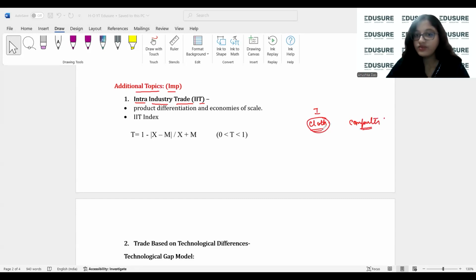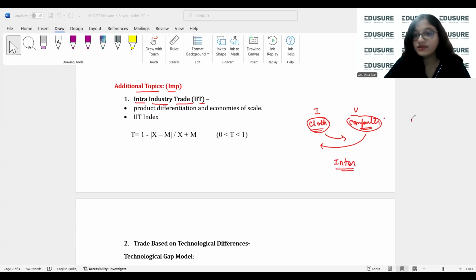India will specialize in cloth and export it to the US, and the US will export computers to India. These are two absolutely different commodities, one from the textile industry and one from the IT industry. If this kind of commodity is traded, it is known as inter-industry trade.